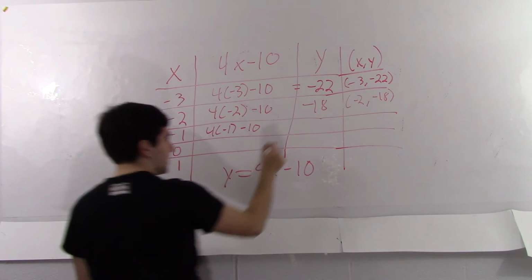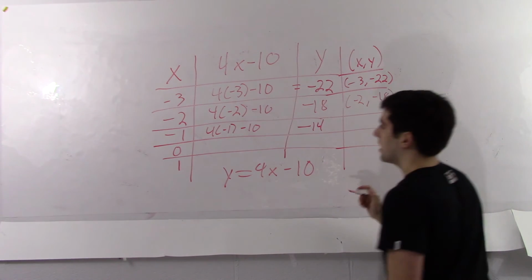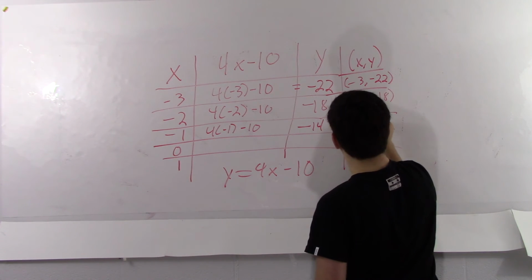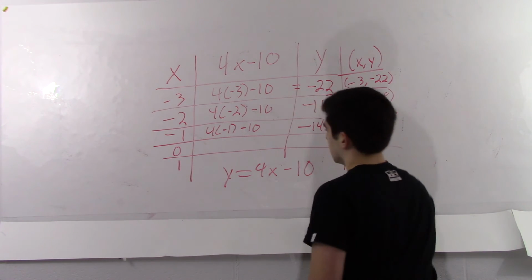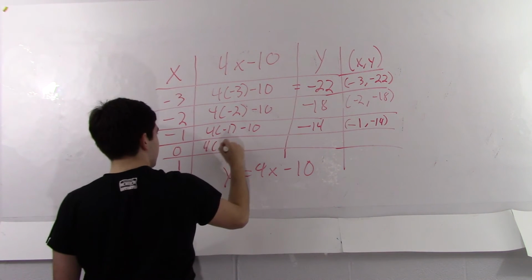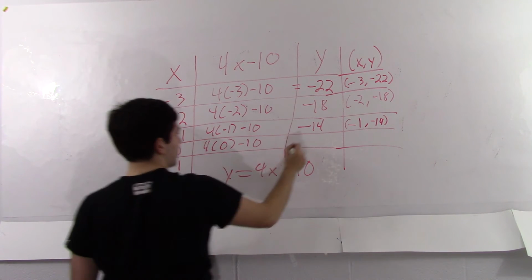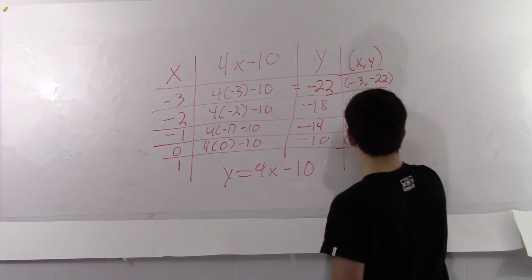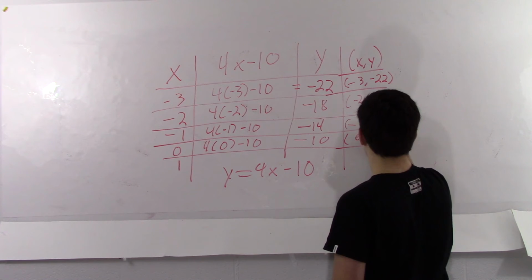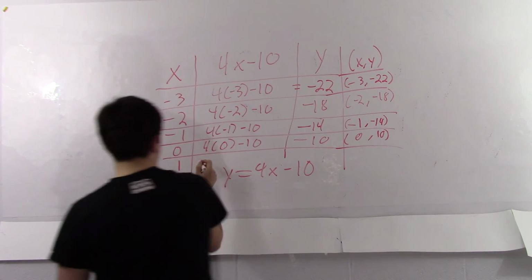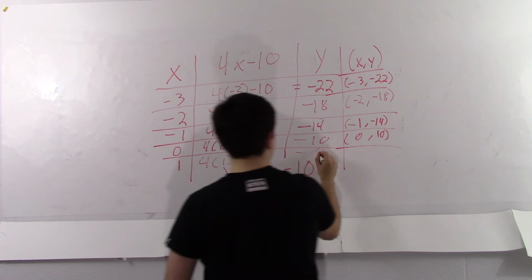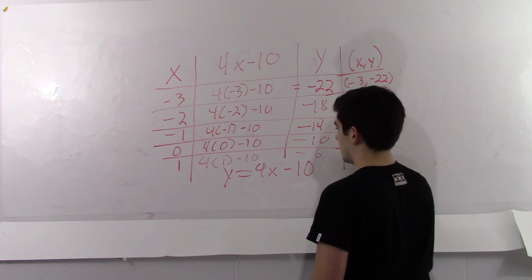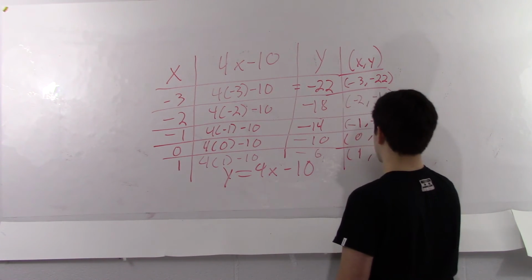Negative 4 minus 10 is negative 14. Negative 1, comma, negative 14. 4 times 0 minus 10. 0 minus 10 is negative 10. So we have 0, comma, negative 10. And then of course for 1, 4 times 1 is 4. 4 minus 10 is negative 6. So we have 1, comma, negative 6.